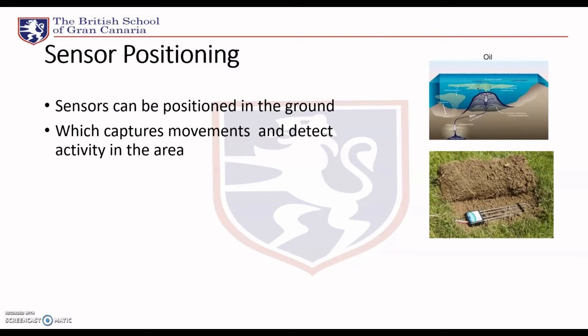So, for example, as you know, there are many volcanoes on this Earth, and the volcano that we know about in the Canaries is Mount Teide. How do we know whether Mount Teide is ever going to erupt?